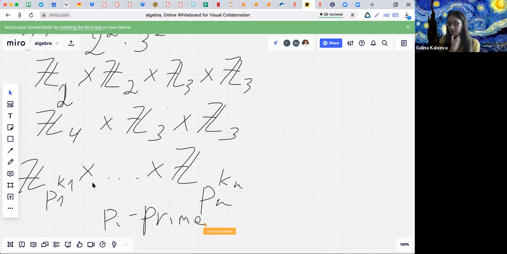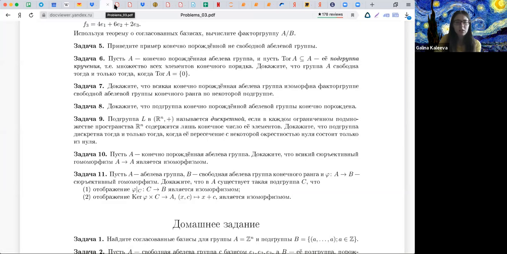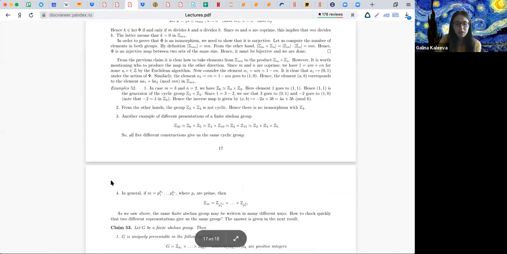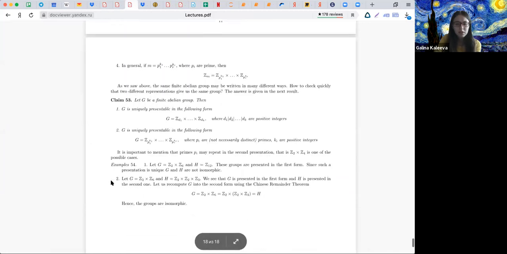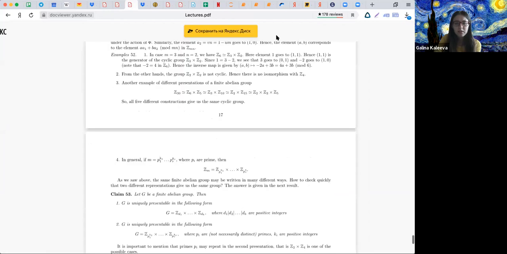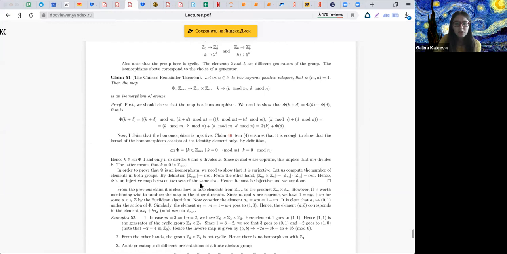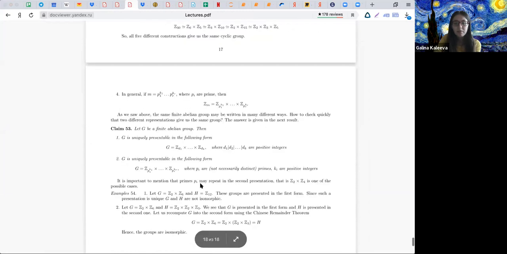That was, if I'm not mistaken, claim 53 in the lecture notes. Let me have a look here. Claim 53, something like 51, 53. Okay, here. Do you see the second point?